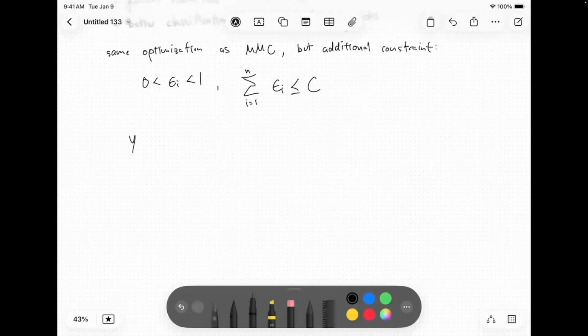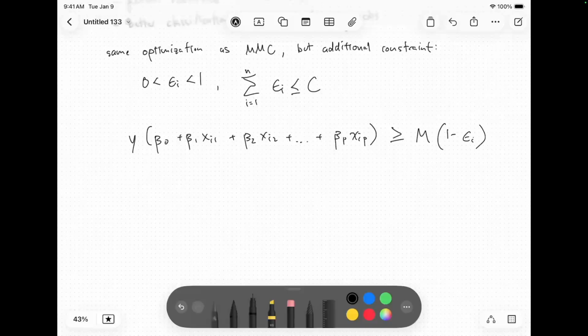For the optimization of M, we're doing quite literally the same thing. So like this, so on and so forth. Except on this side, we have 1 minus epsilon I. So this is a slack variable.